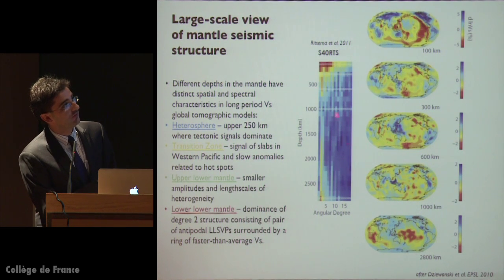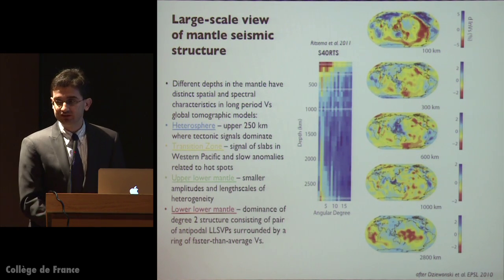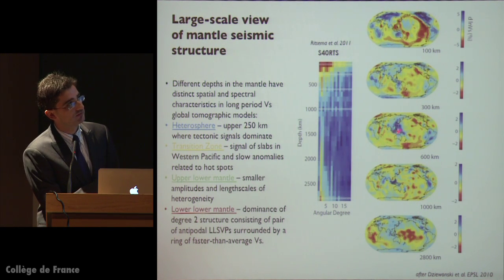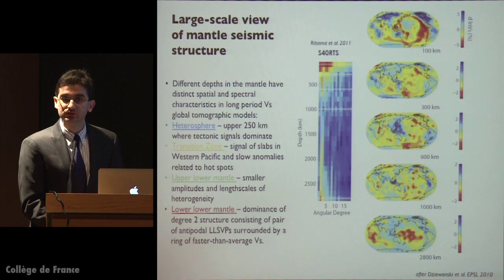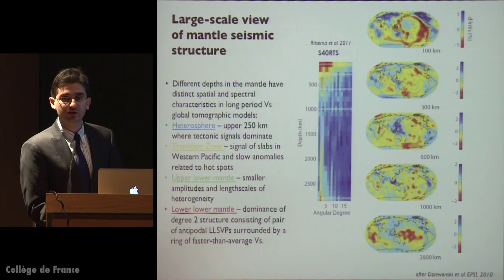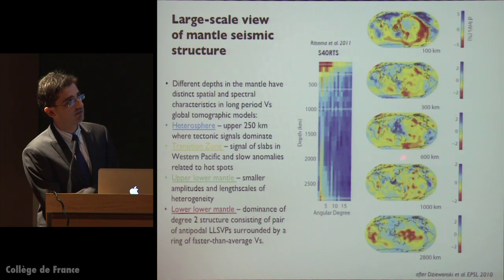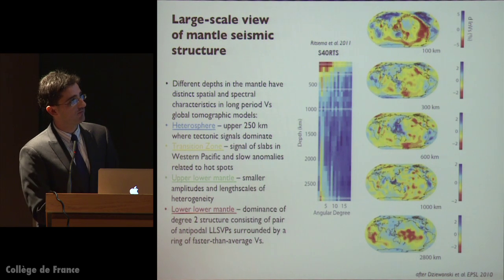And then if we look further down into the transition zone, the world changes yet again. Here we have these very fast regions beneath, well, they're 2% fast, but for this depth range they're certainly very fast. Regions beneath the Western Pacific and beneath South America are locations where we have the accumulation, perhaps, or the laying down of slabs that have been subducted in the Western Pacific and beneath South America.